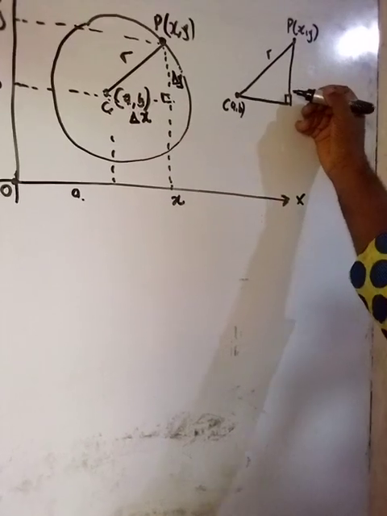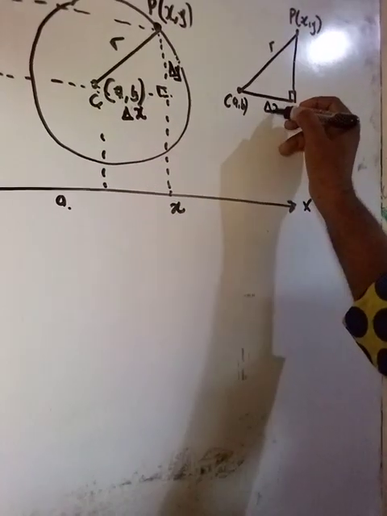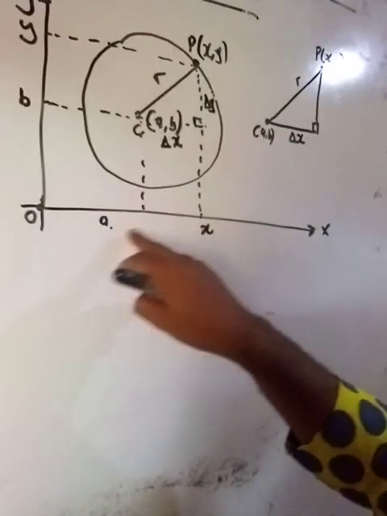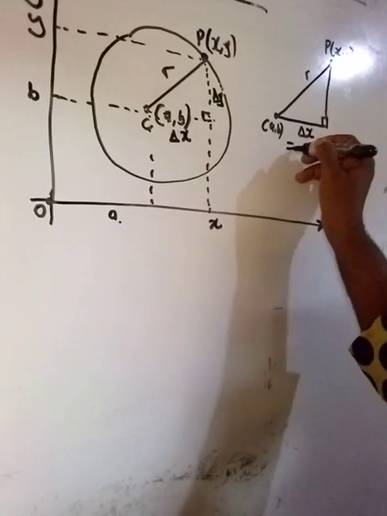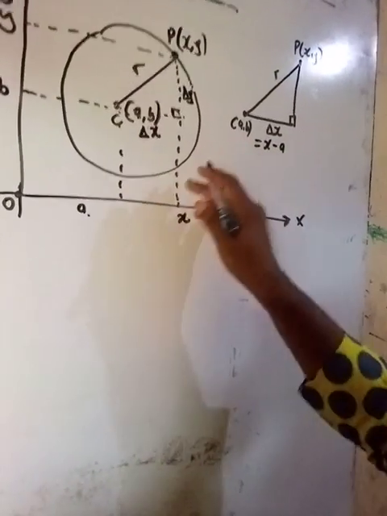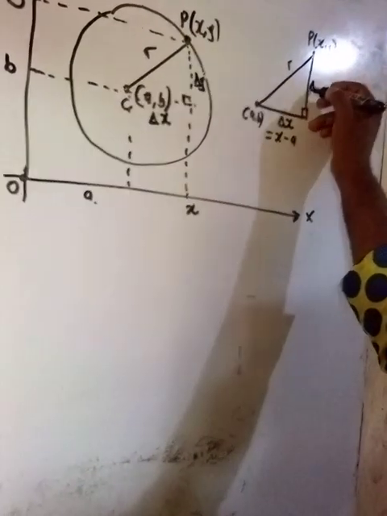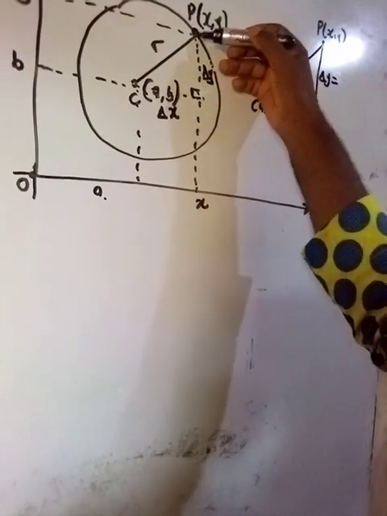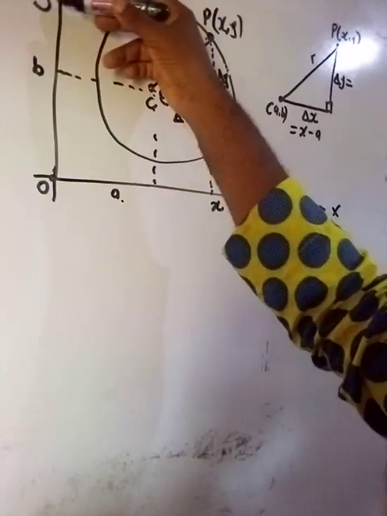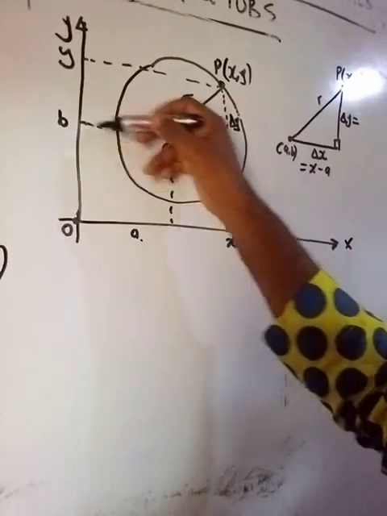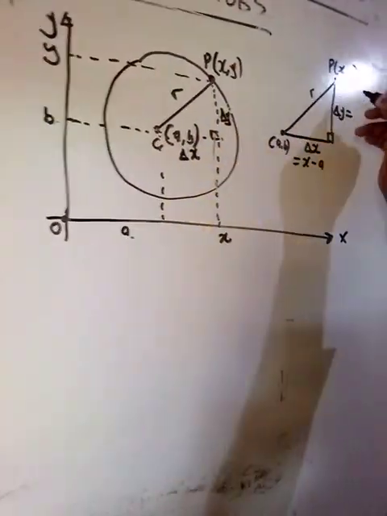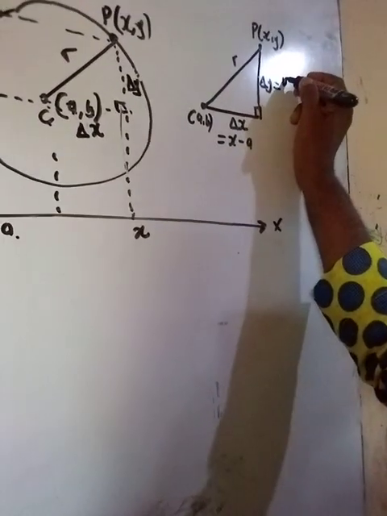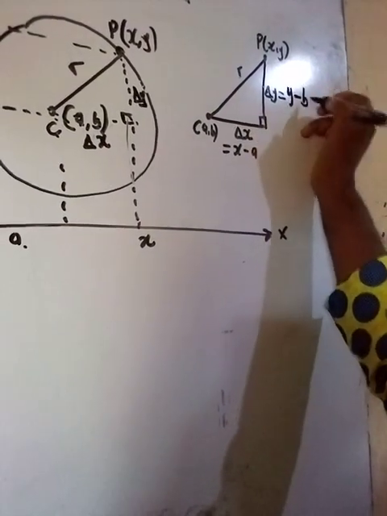Now, the change in the x-axis, that means x take away a, is x minus a, and the change in the y-axis is this y, which corresponds to y, and this other y, which corresponds to b, that is y take away b. So I write it as y minus b.